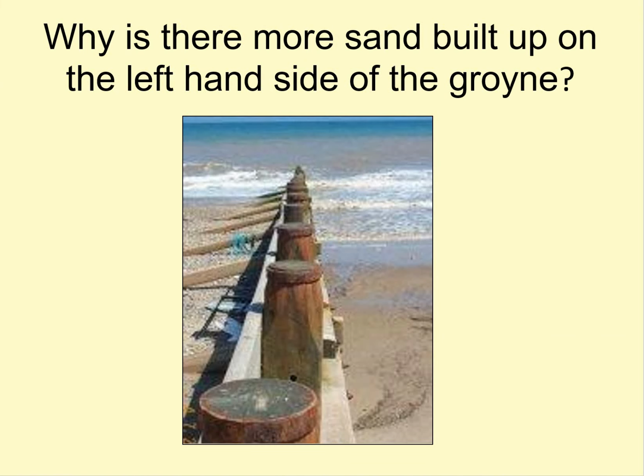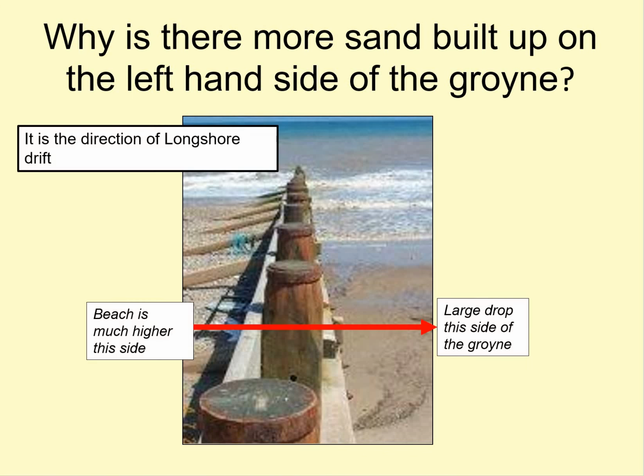So we bring you back to that image we saw at the beginning. So why is it building up? If you can imagine, the beach is much higher there on the left-hand side, and then there's a huge drop on the other side. So actually, the longshore drift is coming in and depositing the material, as you can see, and then preventing the material from being moved along the beach.